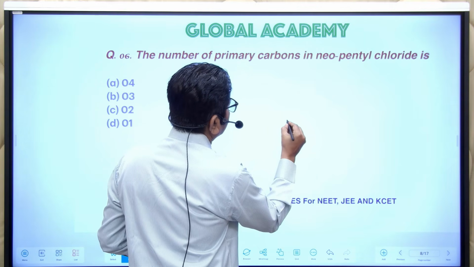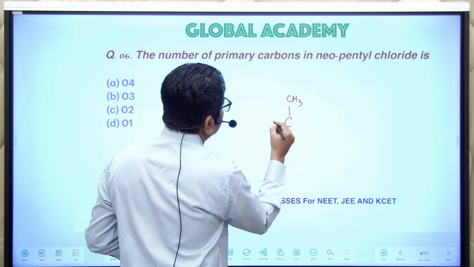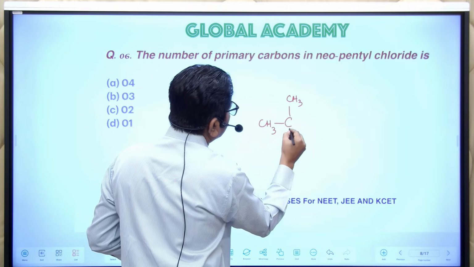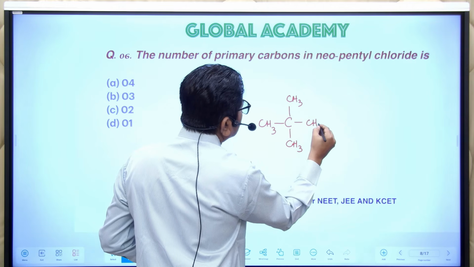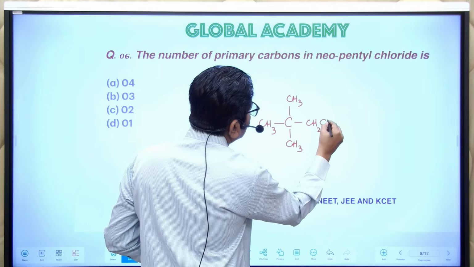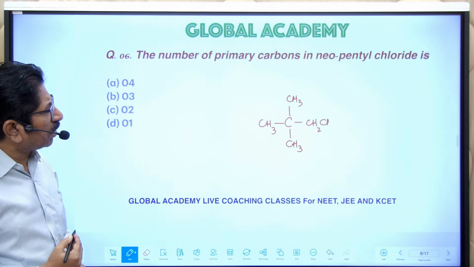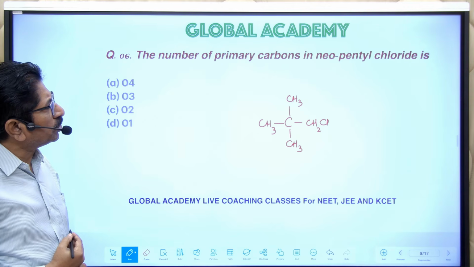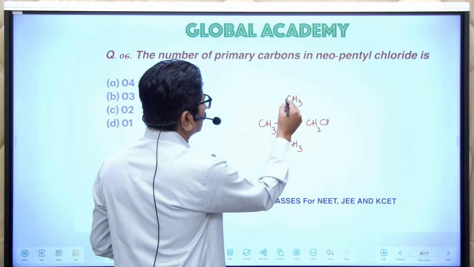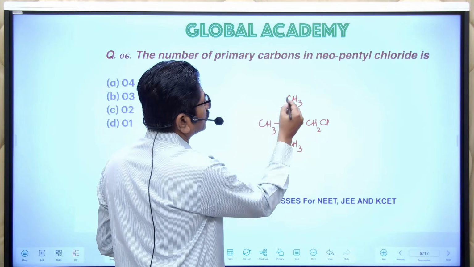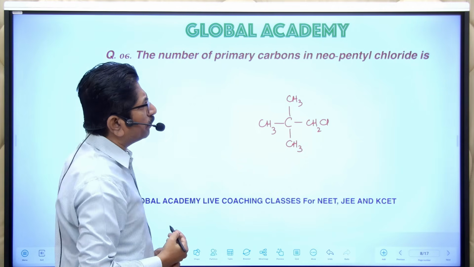Neopentyl chloride is like this: CH3, CH3, CH3 attached to a central carbon, and CH2Cl. This is the molecule called neopentyl chloride. You can see 1, 2, 3, 4, 5 carbons, pentane chloride. This is what we call neopentyl chloride.